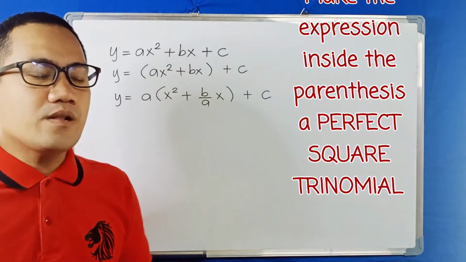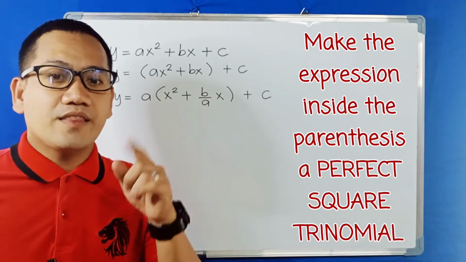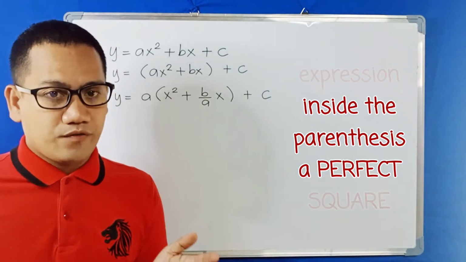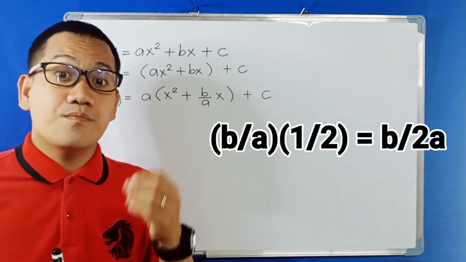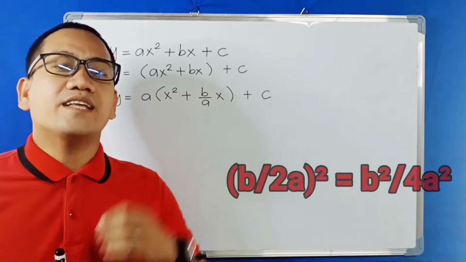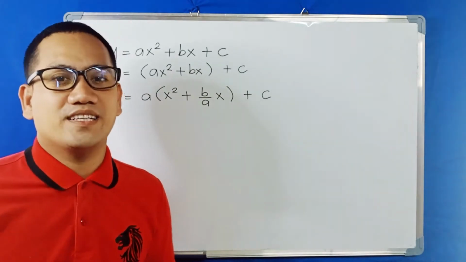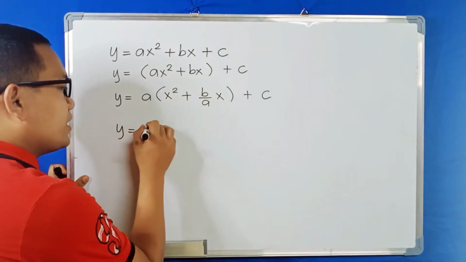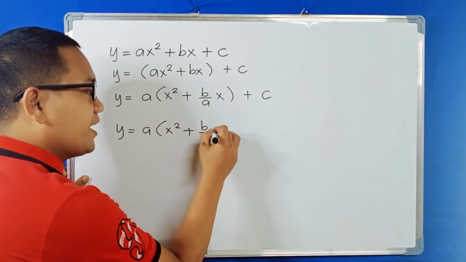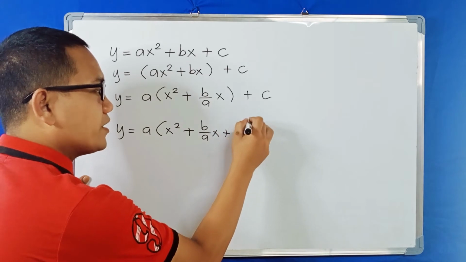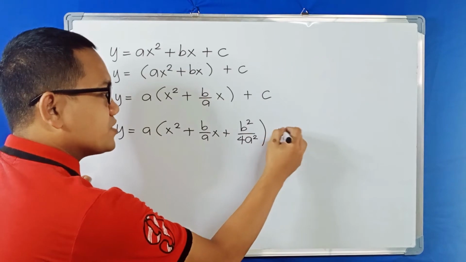After this, we will make the expression inside the parentheses a perfect square trinomial. That is, we will get half of our coefficient of x and square it. So, half of b over a is b over 2a, and squaring it, that is b squared over 4a squared. So, we'll have y = a(x² + (b/a)x + b²/4a²) + c.